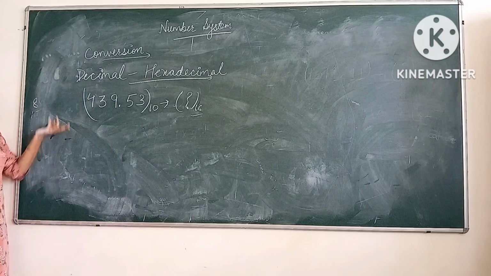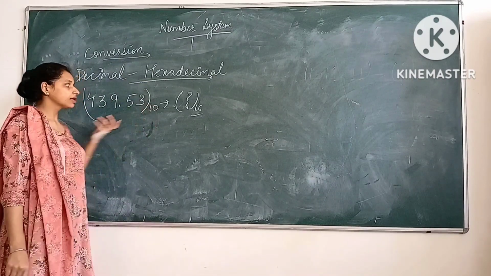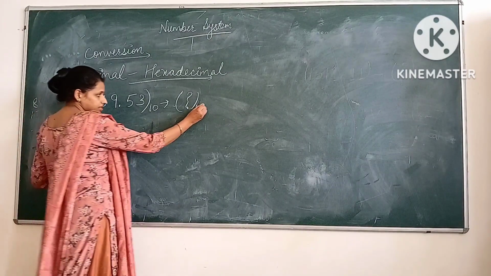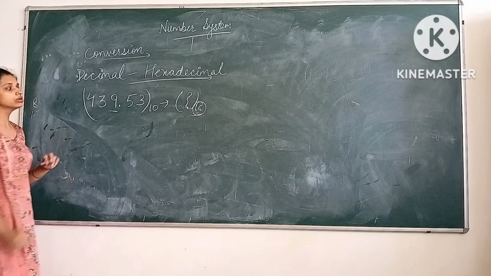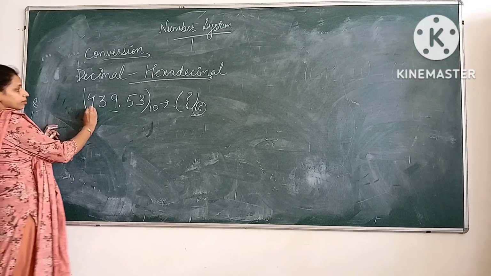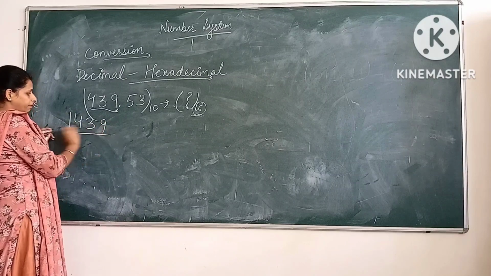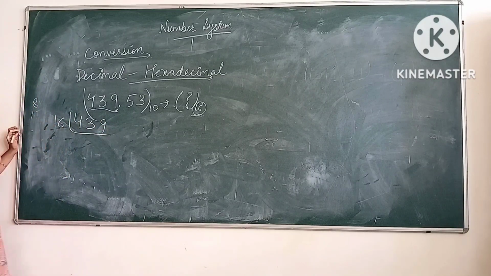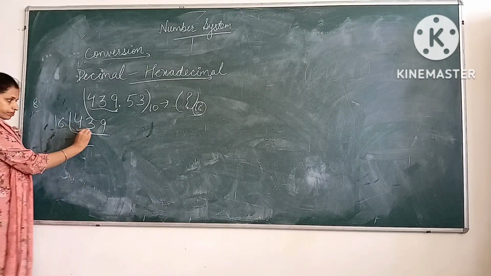The same process which we used for decimal to binary and decimal to octal. Here we have to use base 16. So from the start, before the point, it's 439. Divide by 16. 16 twos are 32.